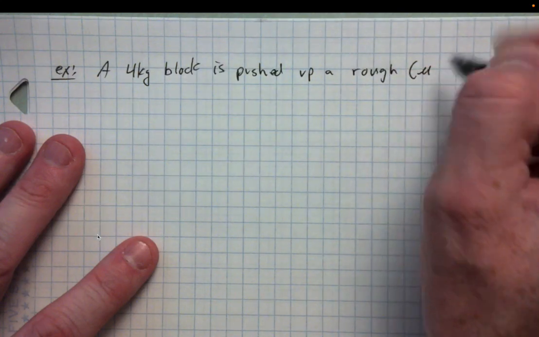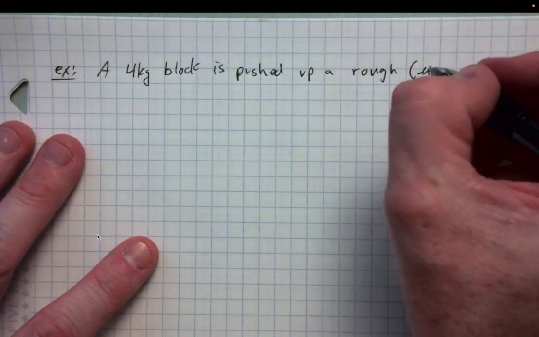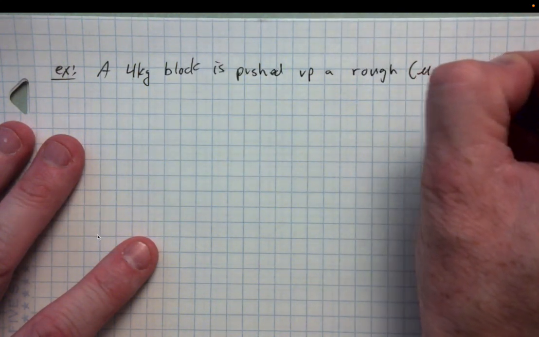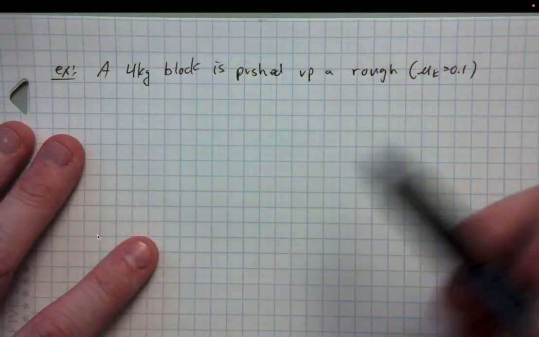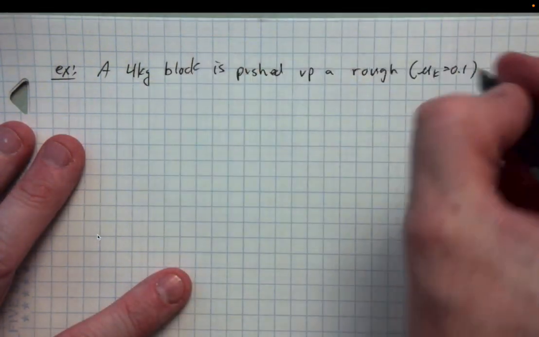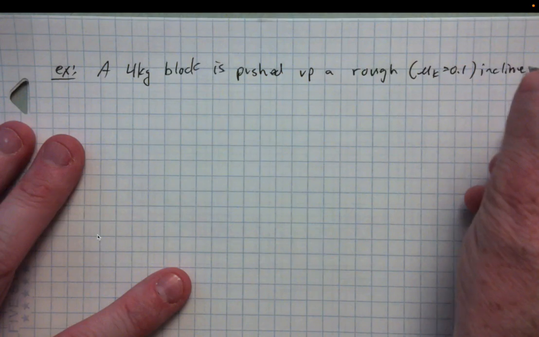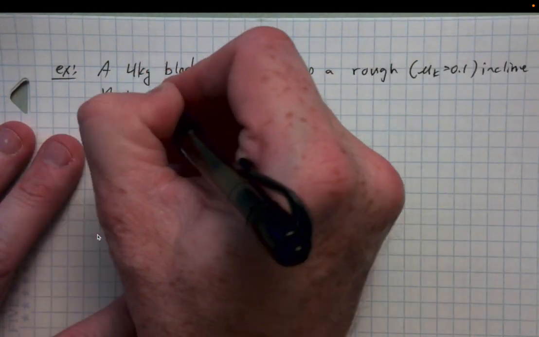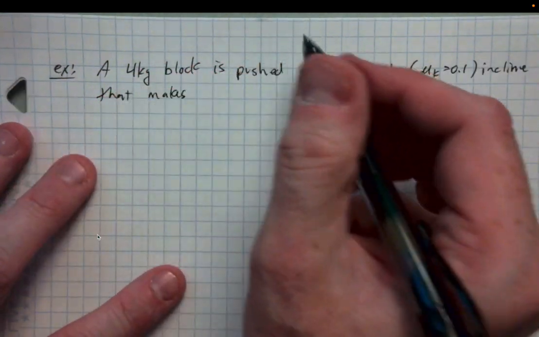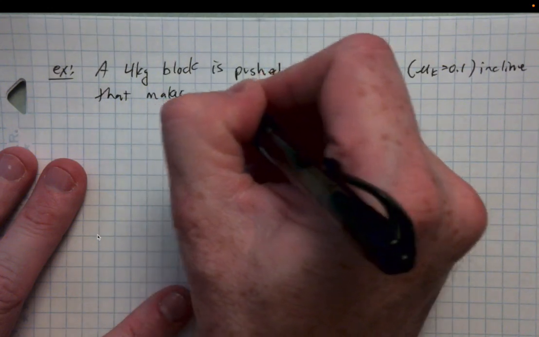The kinetic friction coefficient, mu sub k, is equal to 0.1. So a 4 kilogram block is pushed up a rough incline that makes a 30-degree angle with the horizontal.